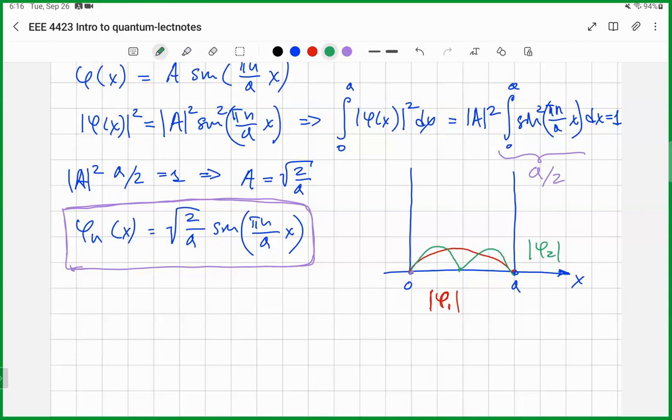And next we can also draw the state number 3.